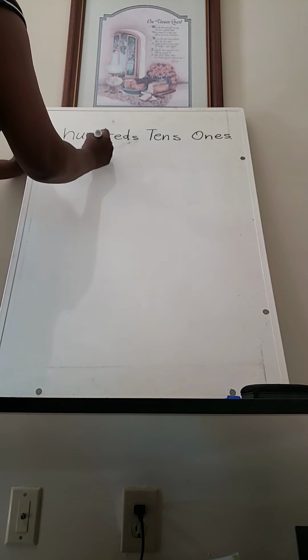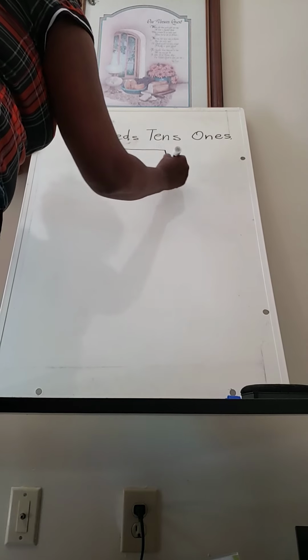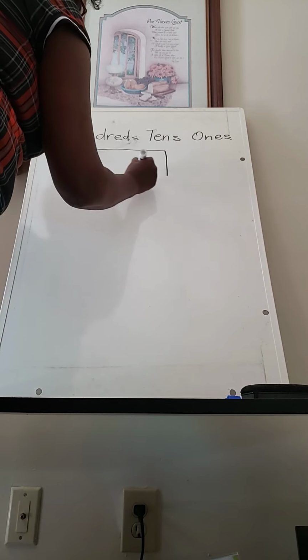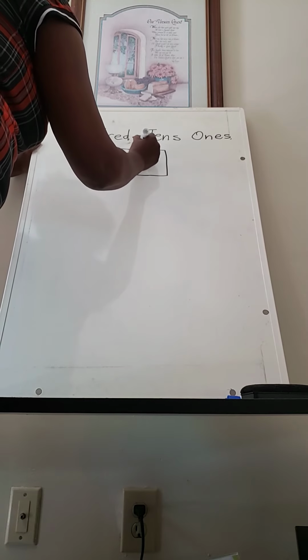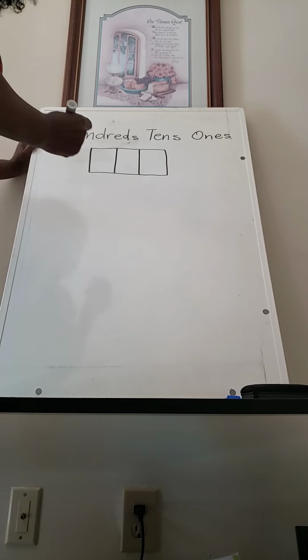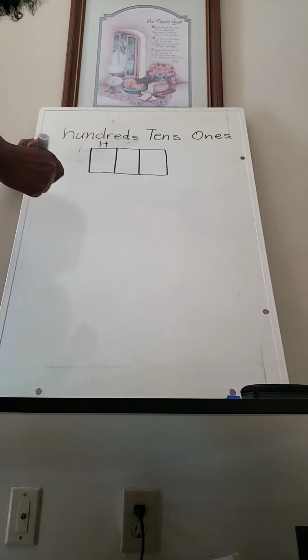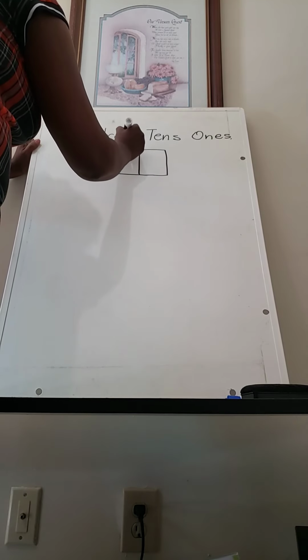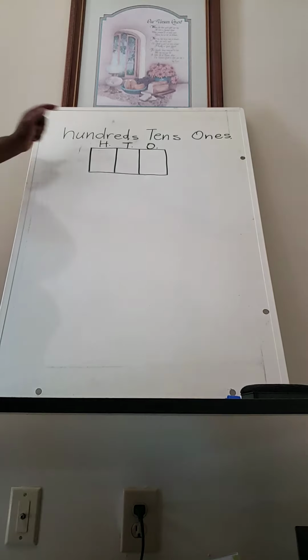Let us remember our chart, our little graphic organizer. We have our hundreds place, our tens place, and our ones place. So we can write our H for hundreds, T for tens, and O for ones.